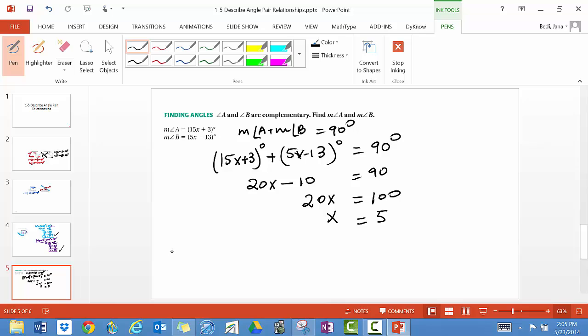It tells you to find the measures of angles A and B, so therefore we need to substitute in the value of x. Measure of angle A would be 15 times 5 plus 3, which is 75 plus 3, which is 78 degrees.